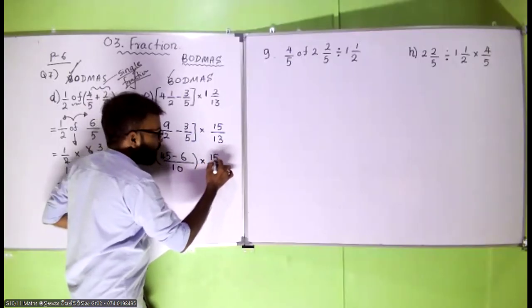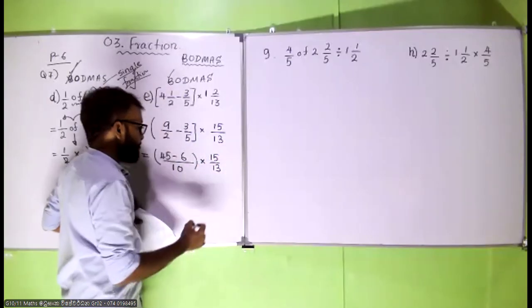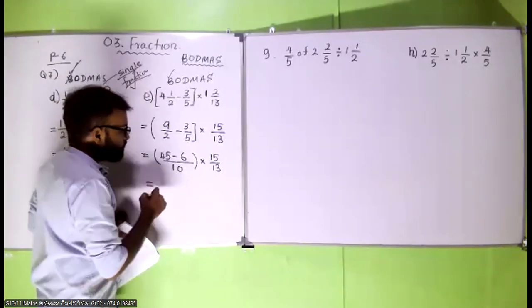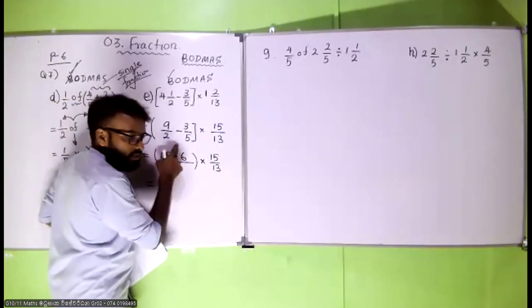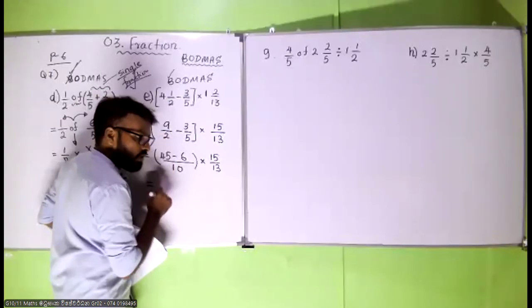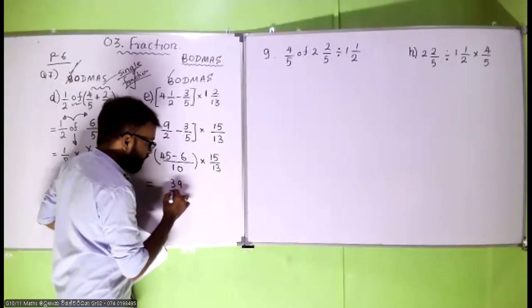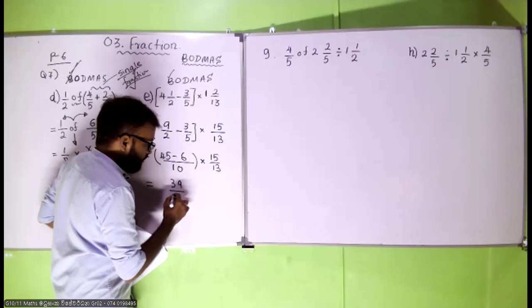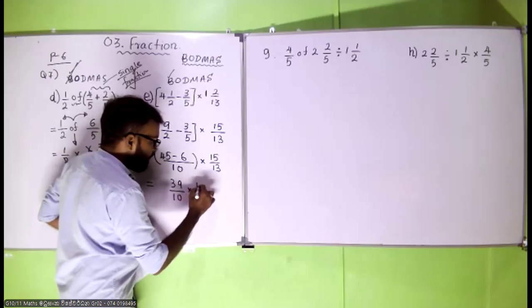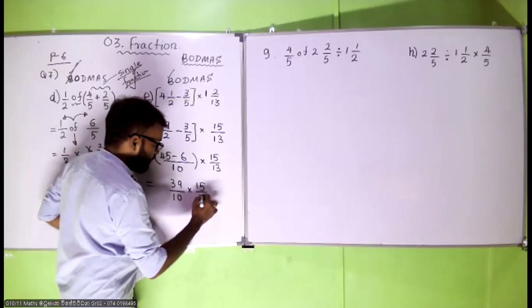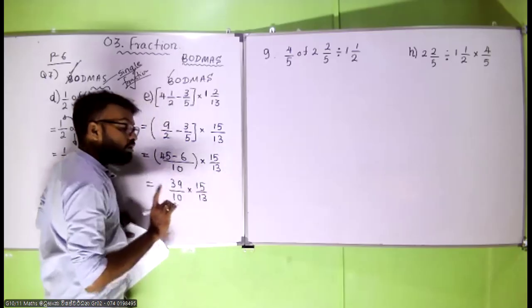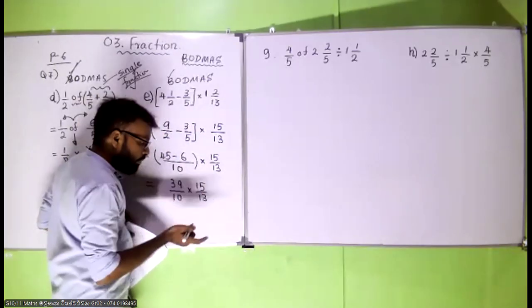Multiply 15 upon 13. Equal mark. 45 minus 6, 39. So 39 upon 10, multiplied by 15 upon 30. Can you simplify numerators and denominators?